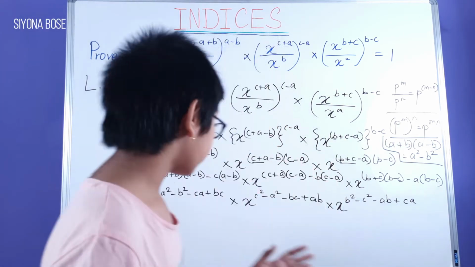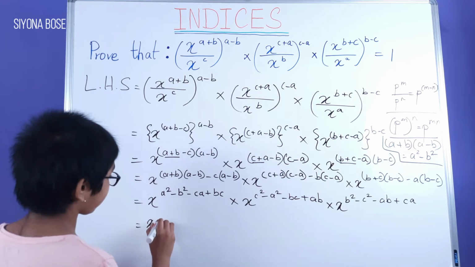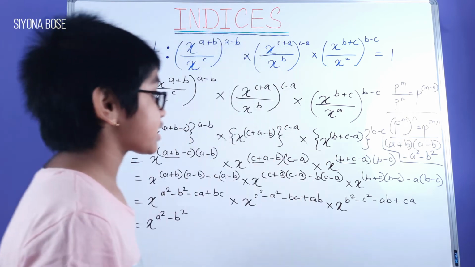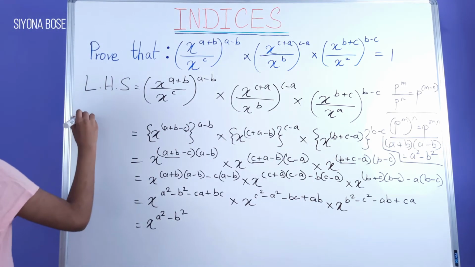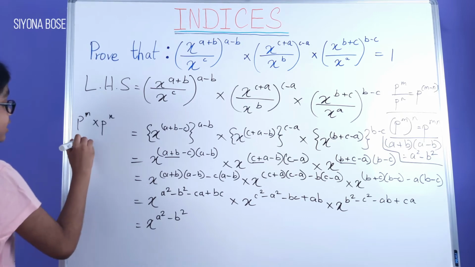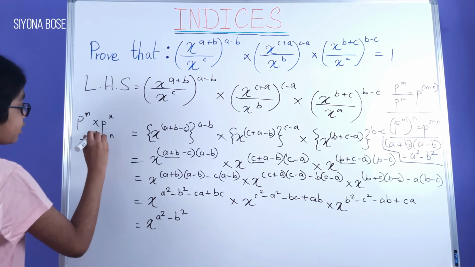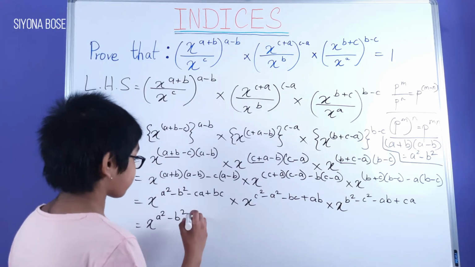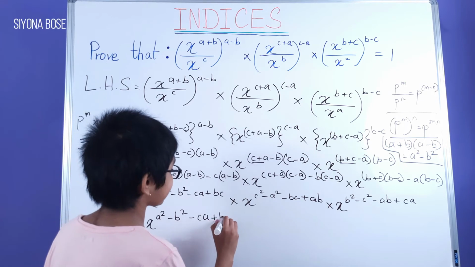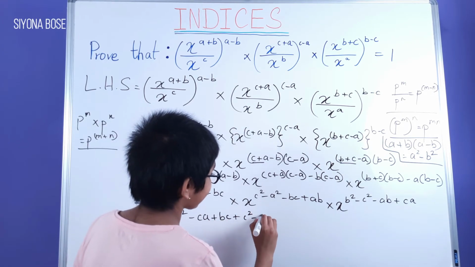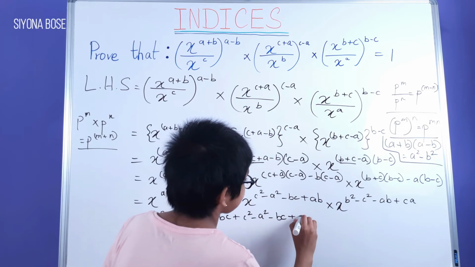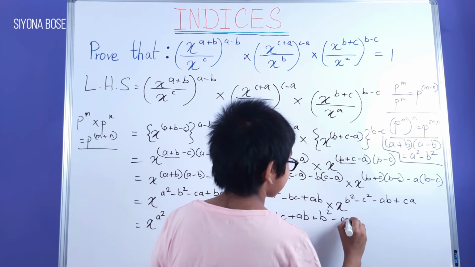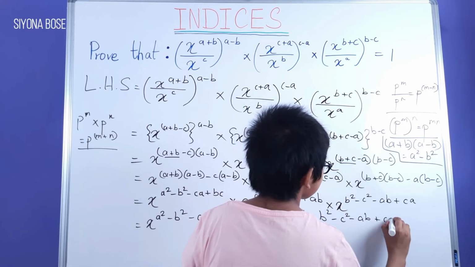Bringing all of that together, we use another identity, which is p^m times p^n equals p^(m+n). Then from there we get the exponent a² - b² - ca + bc + c² - a² - bc + ab + b² - c² - ab + ca.